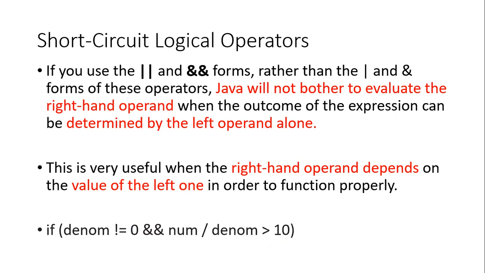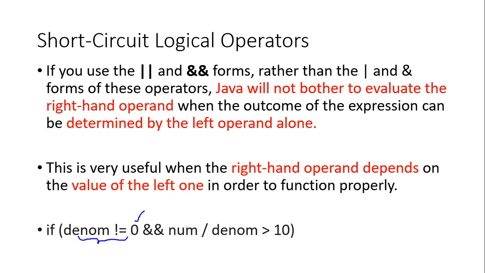So you are going to perform this operation only if the denominator is not equal to 0. If the denominator happens to be false, that means the denominator itself is 0. In that case, there is no need to evaluate the second expression because it's going to create an exception. So this way you can check the first condition, and based on that you can go for the evaluation of the second condition.